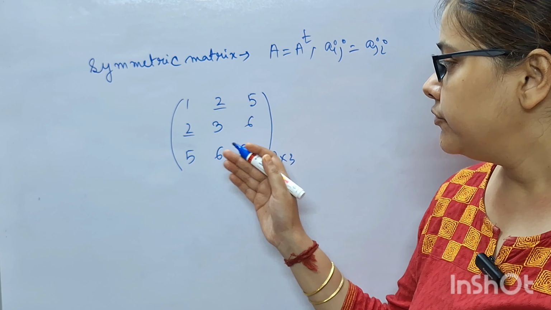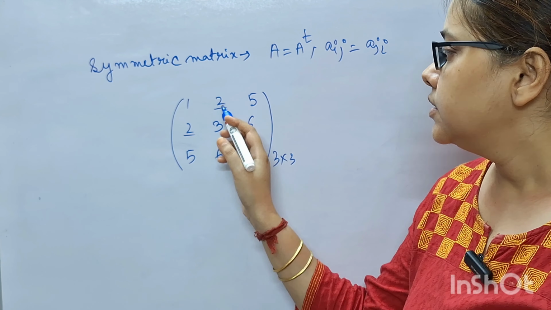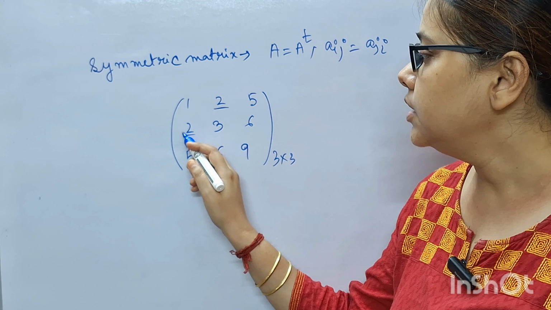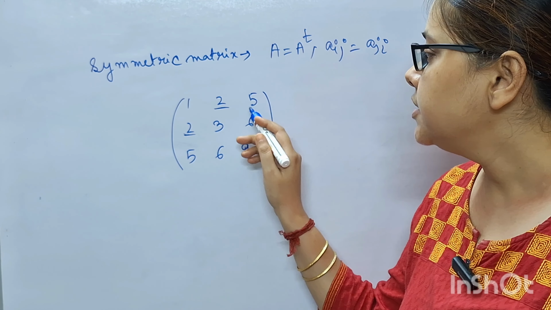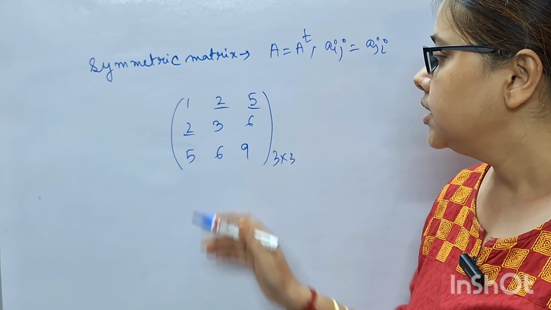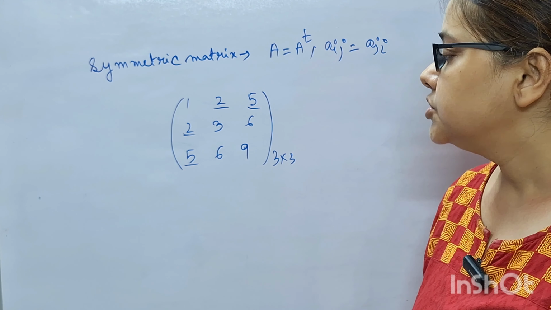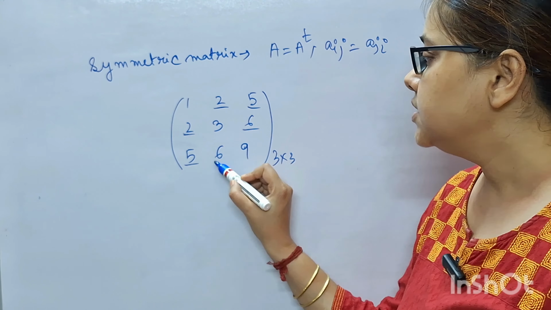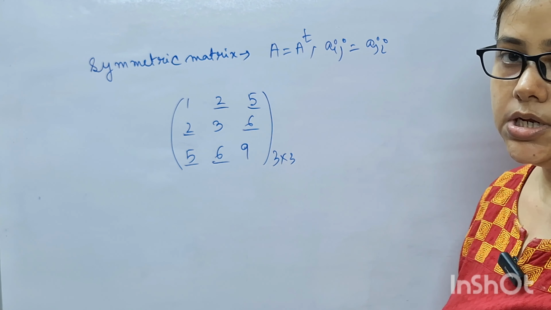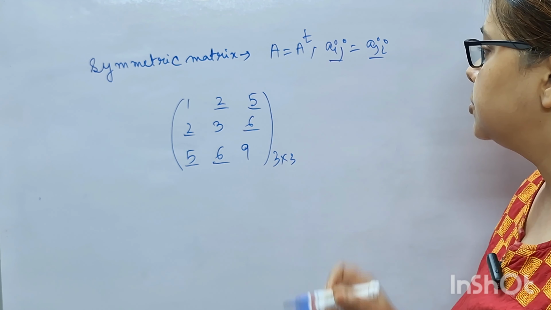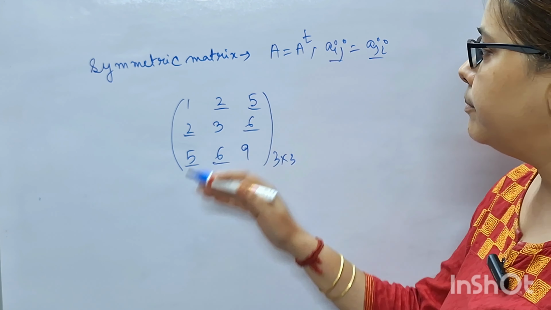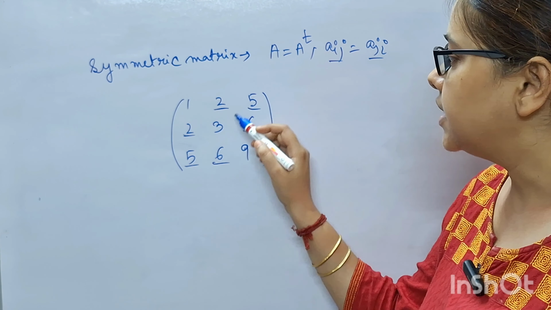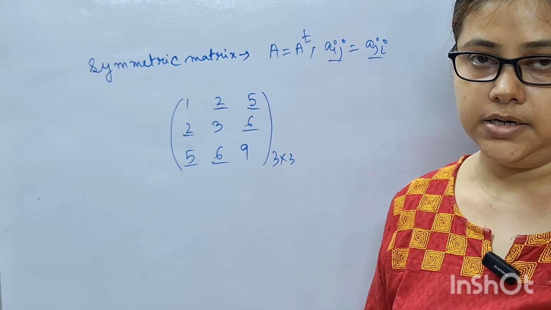If you notice carefully, the element in the 1, 2 position is the same as the element in the 2, 1 position. The element in the 1, 3 position is the same as the element in the 3, 1 position. The element in the 2, 3 position is the same as the element in the 3, 2 position, that is Aij equals Aji. If you take the transpose of this matrix, you will get the matrix A itself.